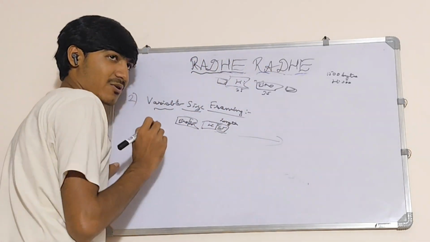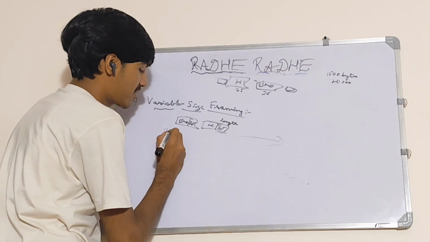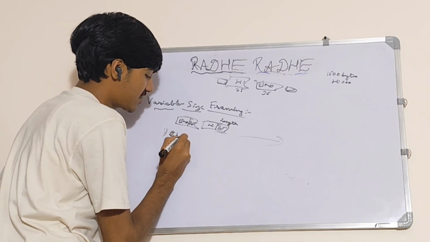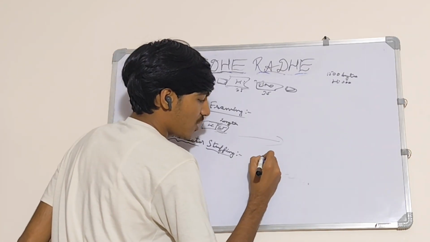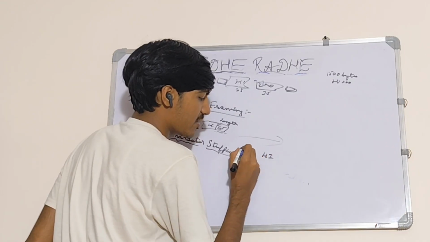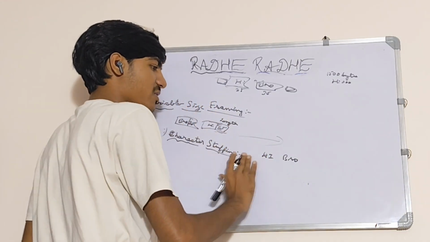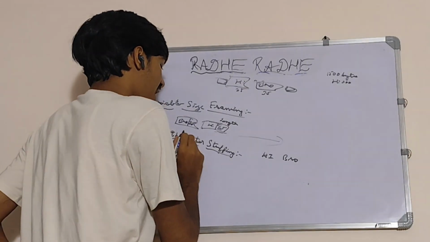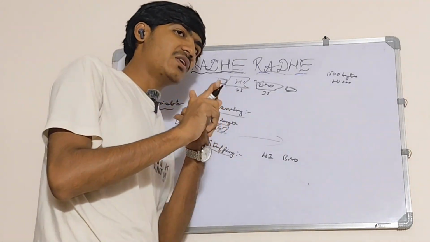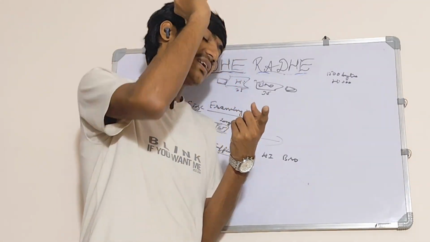Now that is called character stuffing. You want to send "hi bro" to the receiver. Character stuffing says we will use one particular flag character.